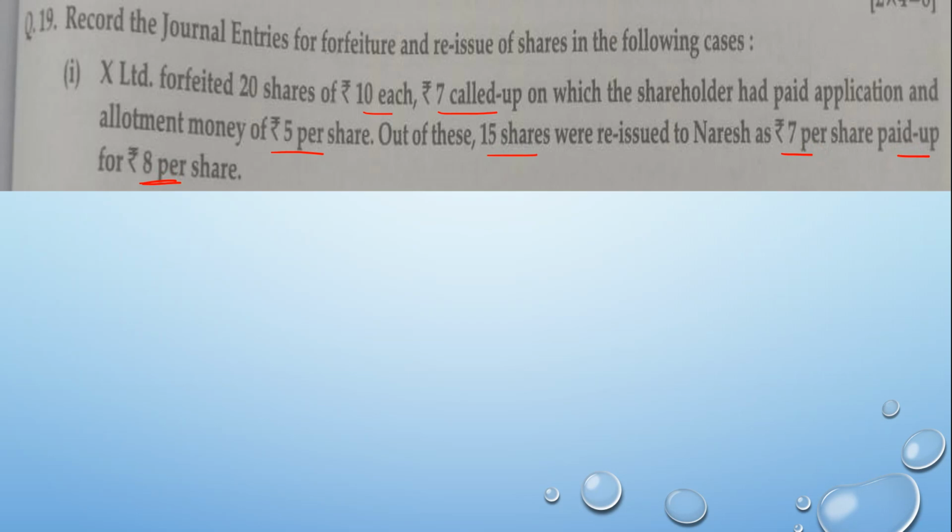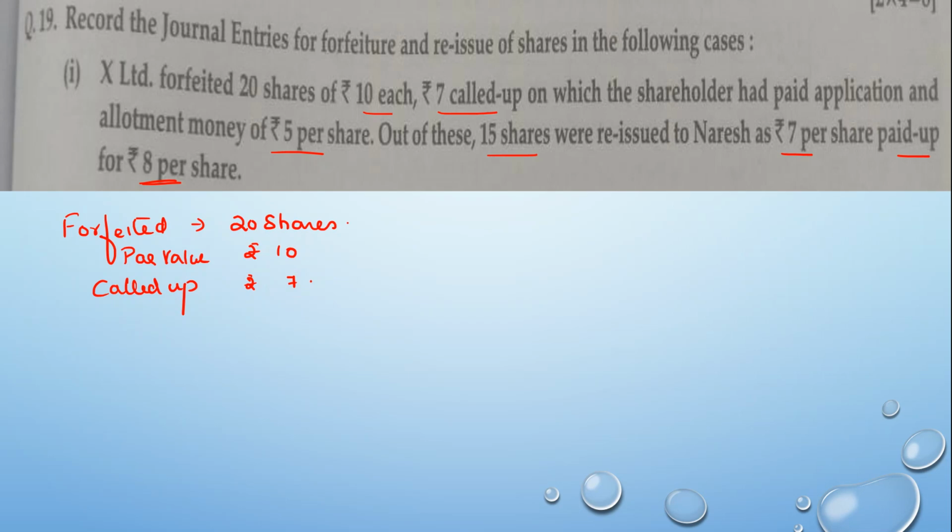I will highlight them first. First thing, how many shares are being forfeited? The number of shares forfeited is 20 shares. What is the par value of those shares? It is Rs 10. What is the called up value? It is Rs 7. Still Rs 3 has not been called.